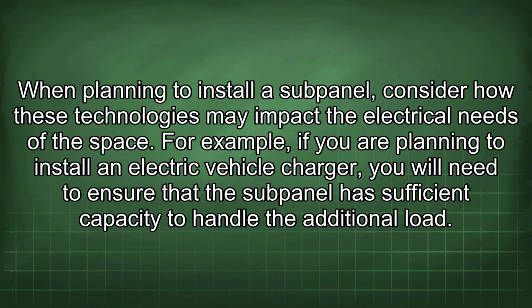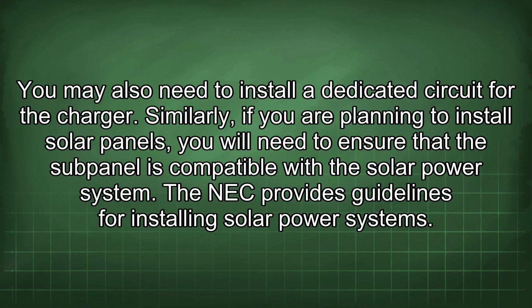For example, if you are planning to install an electric vehicle charger, you will need to ensure that the subpanel has sufficient capacity to handle the additional load. You may also need to install a dedicated circuit for the charger. Similarly, if you are planning to install solar panels, you will need to ensure that the subpanel is compatible with the solar power system. The NEC provides guidelines for installing solar power systems.